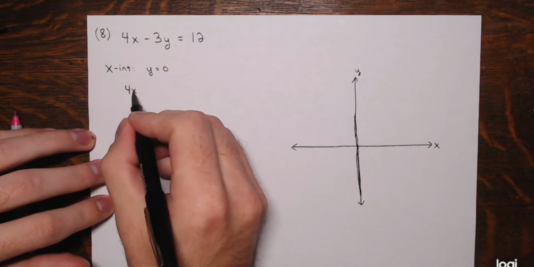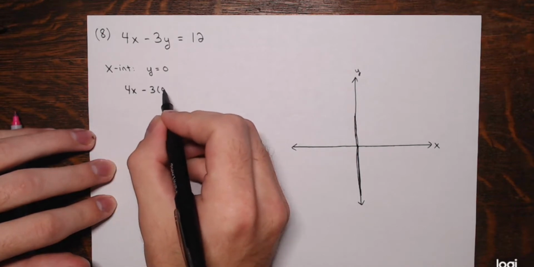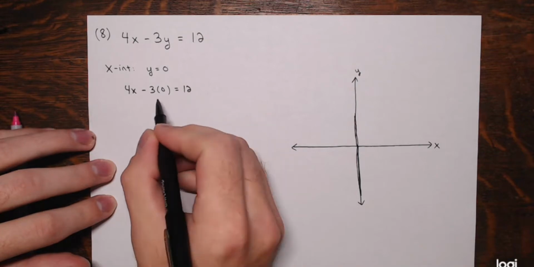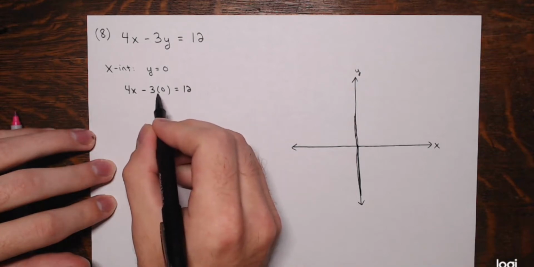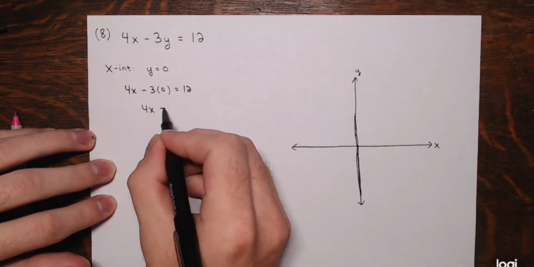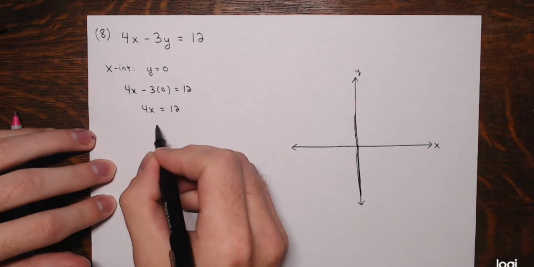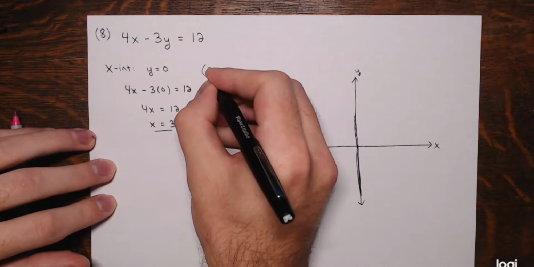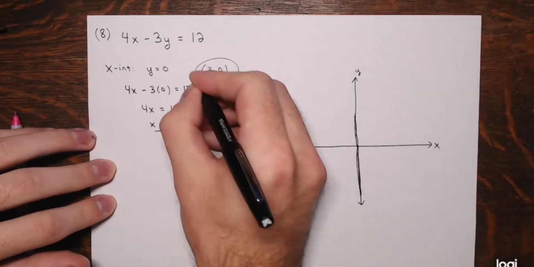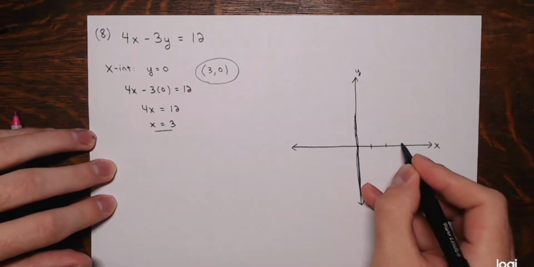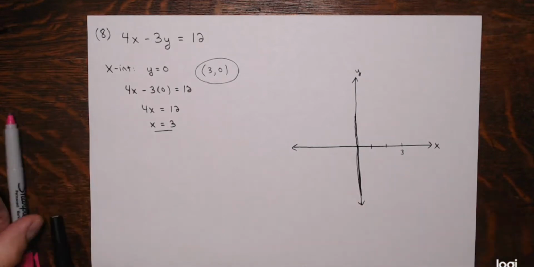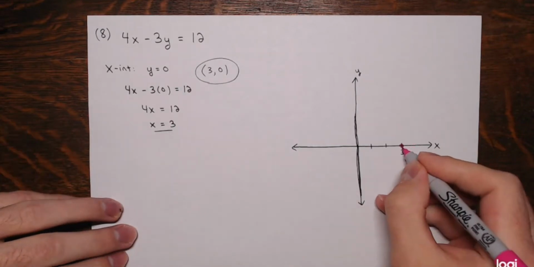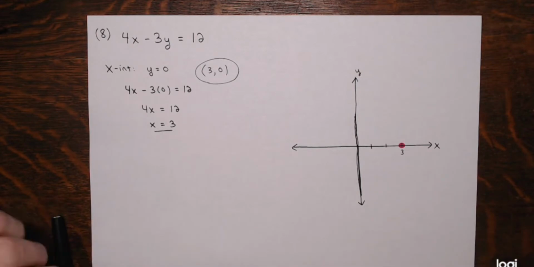So we have 4x minus 3 times 0 equals 12. This term will just be 0, so I'll have 4x on the left equals 12 on the right. Divide both sides by positive 4. x must be 3, so 3 for x, 0 for y. There's the x-intercept. So I go 3 on the x-axis, 0 on the y.